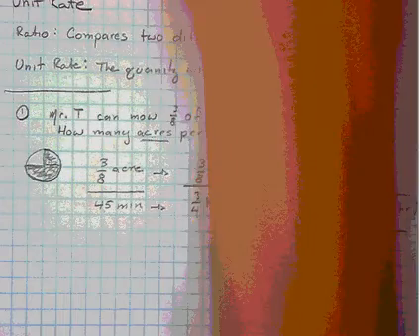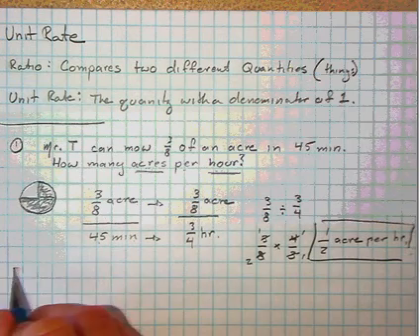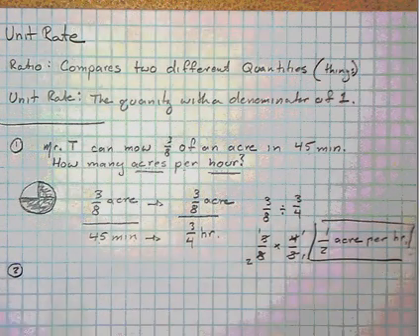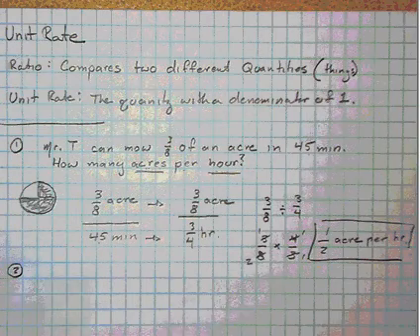All right, let's look at a second example. Olivia hikes 2 3/4 miles in 1 hour and 15 minutes.